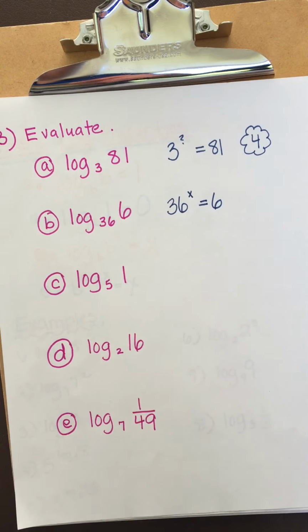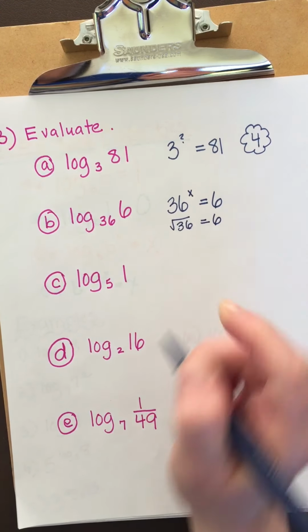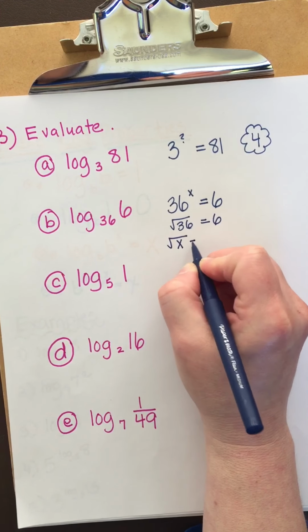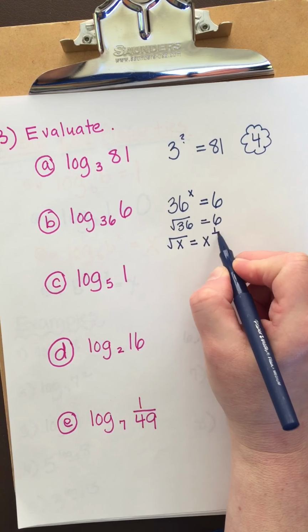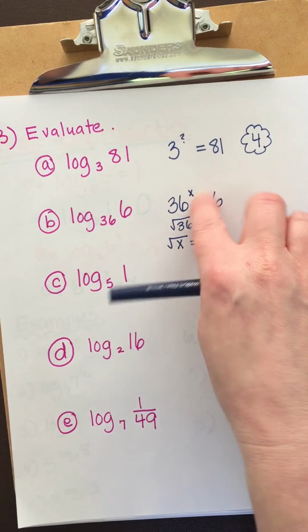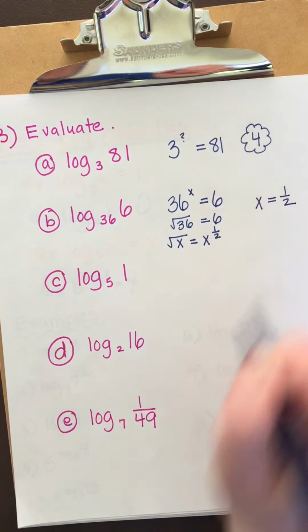It's going to be a fraction. I know that the square root of 36 equals 6, right? I also know that the square root of something is the same thing as raising it to the 1/2 power. So 36 to the 1/2 equals 6.